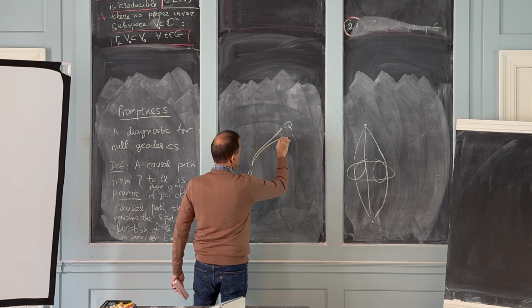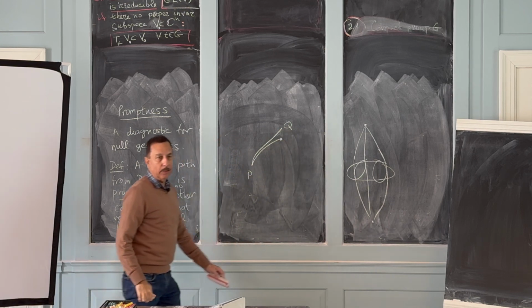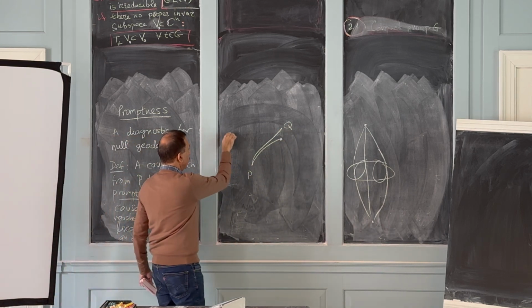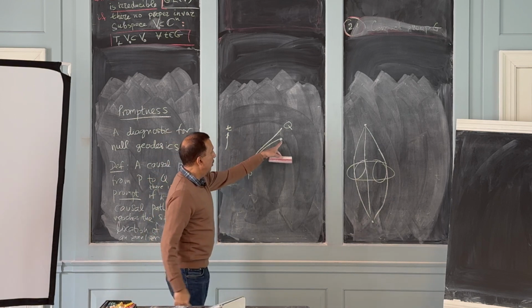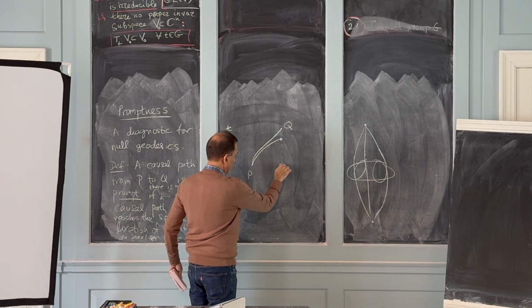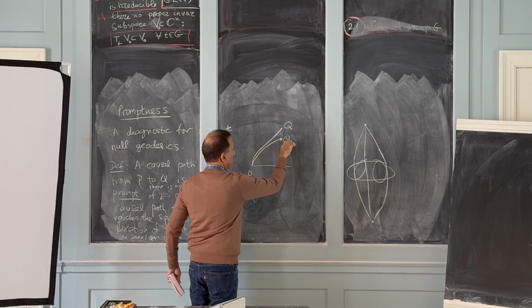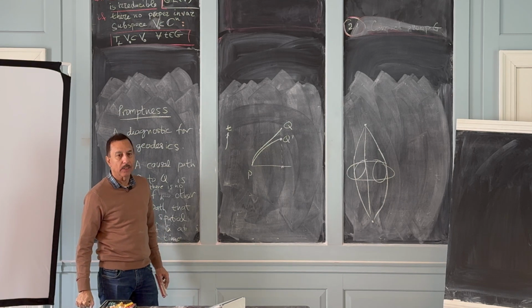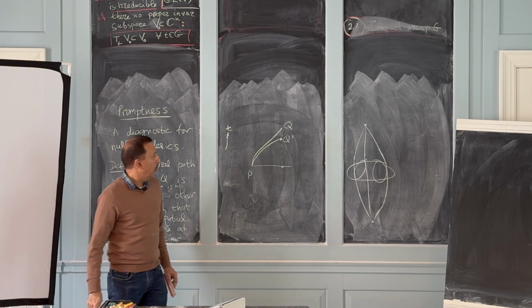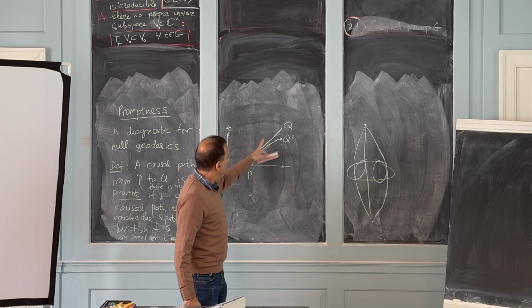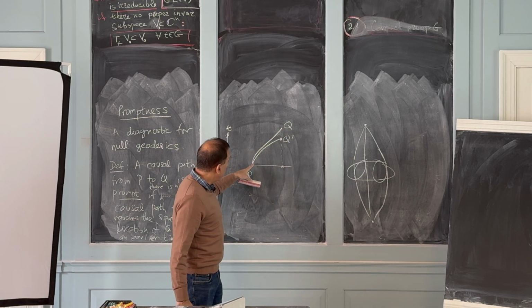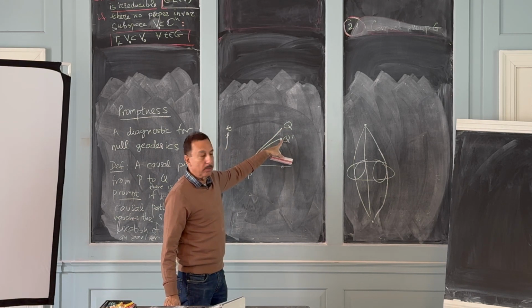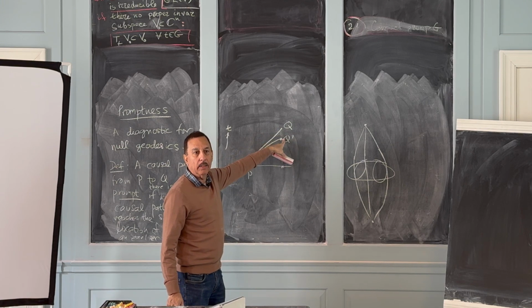And the important thing is that this is vertically below that, which means in terms of time that it reached, because this is the same spatial point. So this spatial point is the same for this Q prime and Q. It's only the time value that differs between Q prime and Q. So if there's a path from P to Q and another path from P to Q prime just under Q, then the original path PQ is non-prompt.